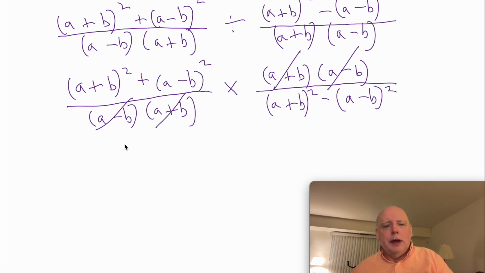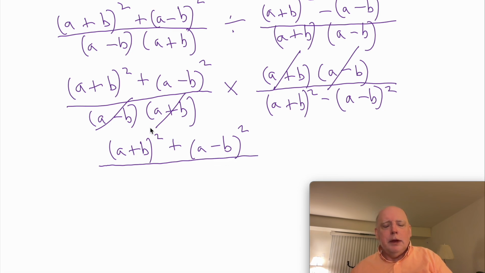And we're left with, in the numerator, a plus b squared plus a minus b squared. So this might be the most challenging one in this whole somewhat surprising exam. And so this is a plus b squared.